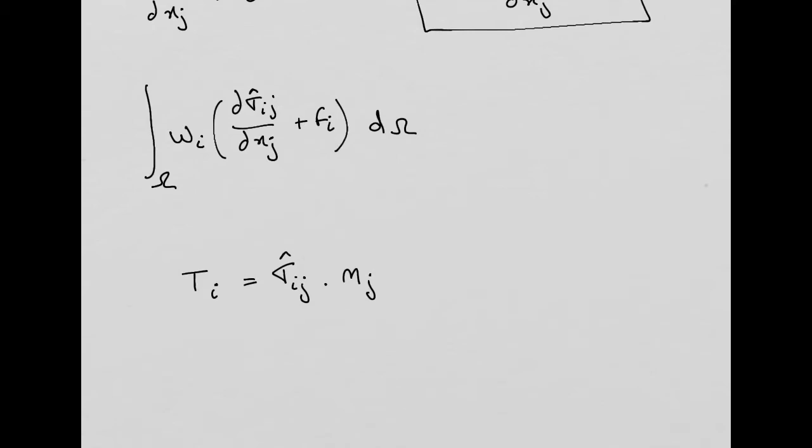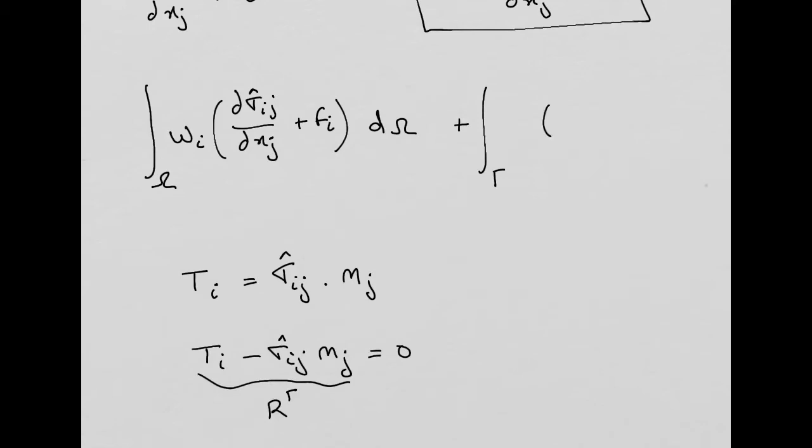One way of incorporating these into our weighted residual is by sending the right hand side to the left hand side. Then this is what is going to be the residual at the boundary. I can also minimize this residual at the boundary by adding a weighted residual now on the boundary.